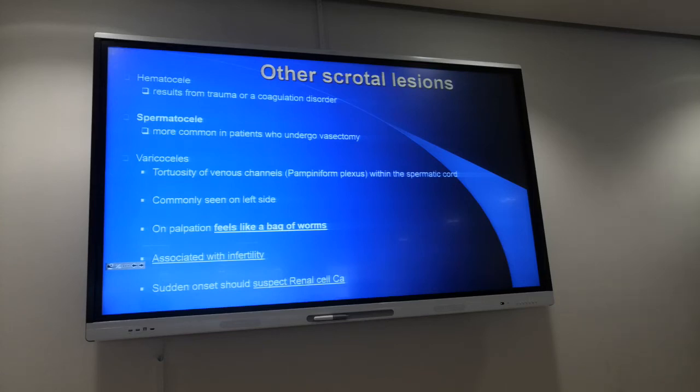But here's one thing I want to tell you about. The right vein is draining into the inferior vena cava, a much larger vessel, right? How about when it drains into a much smaller vessel? If you think about it, this is physics. I'm not good in physics, but I can tell you that this is a column of water. If you think about the vein as a column of water, the one on the right is going to have less pressure in it because it's going into a larger vessel.